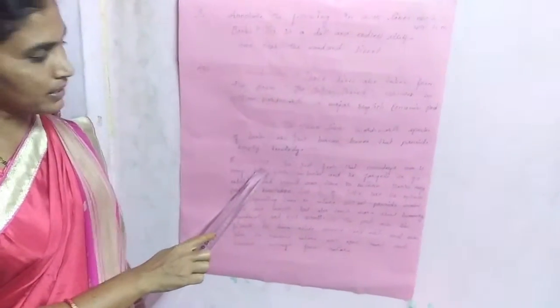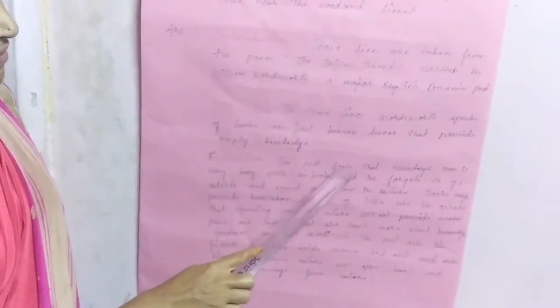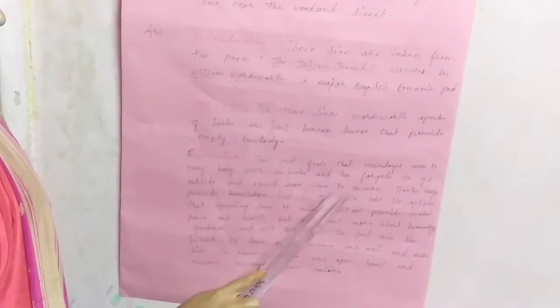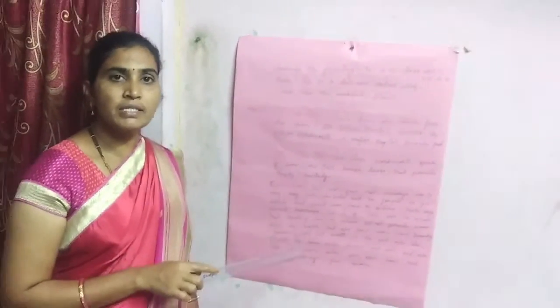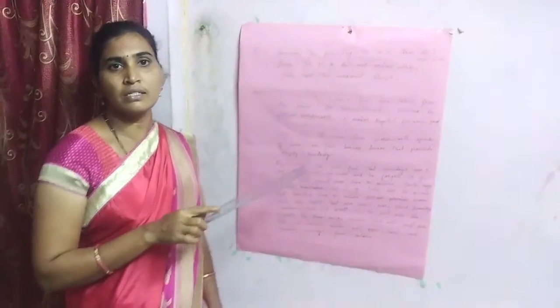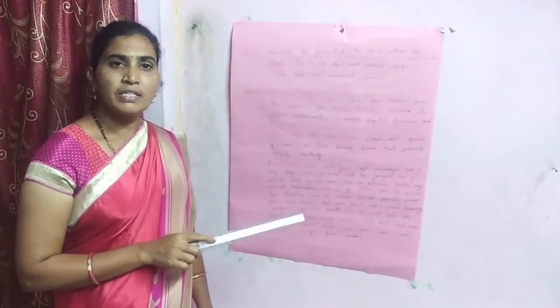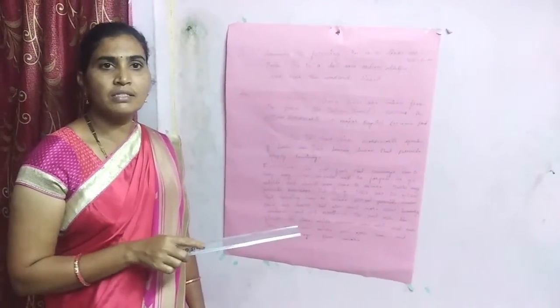Come to the explanation part. The poet feels that nowadays man is very busy with his books and he forgets to go outside and spend some time in nature. Coming to this modern period, he speaks about how the modern generation is. Nowadays people are very busy with their own businesses.